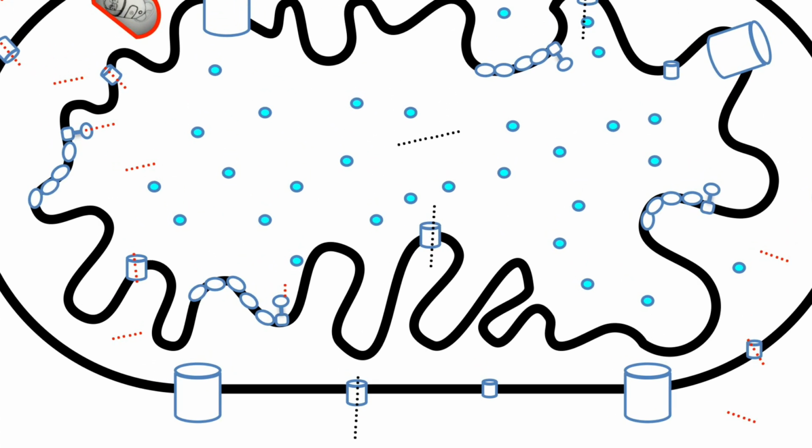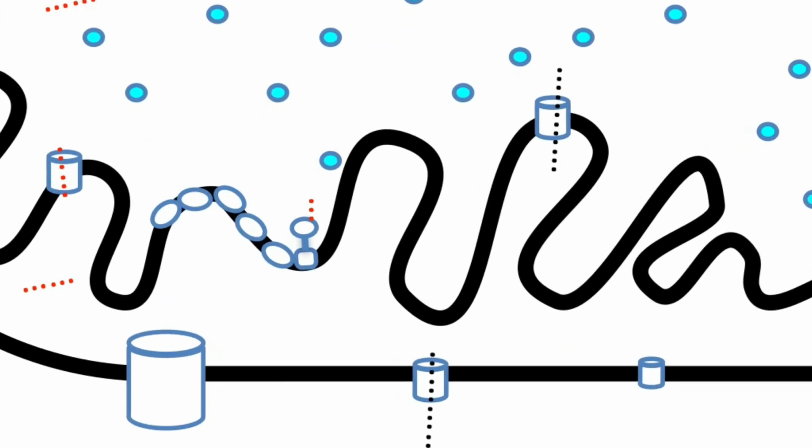And this energy is then used by this remarkable enzyme here called ATP synthase, which is associated with the electron transport chain or the respiratory chain.